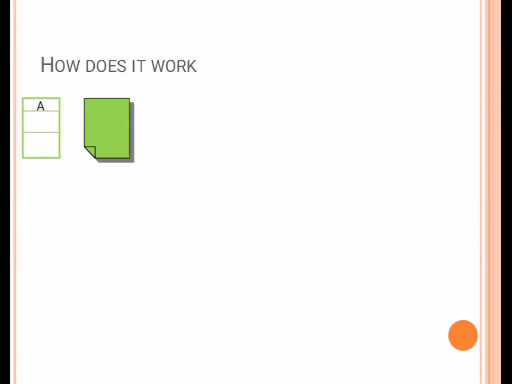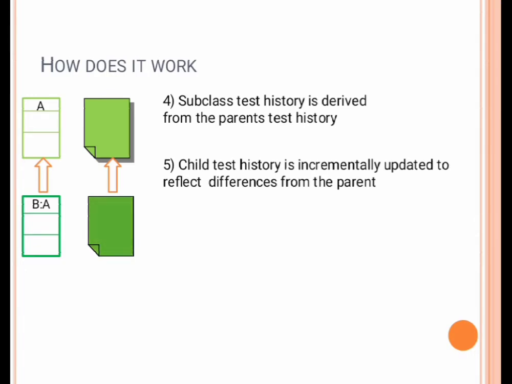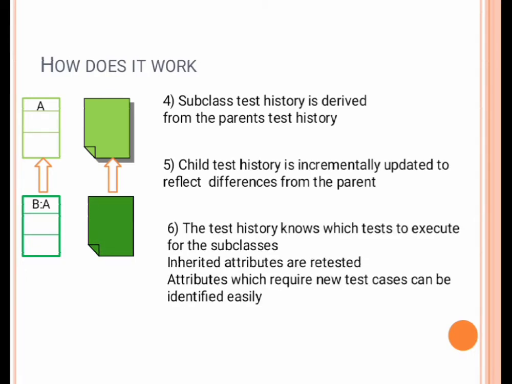Now, how does it actually work? Suppose there is a class A and B is the subclass which inherits from the superclass. The subclass test history is derived from the parent test history, whereas the child test history is incrementally updated to reflect the difference from the parent.